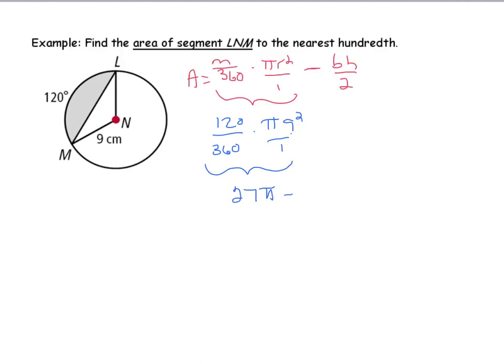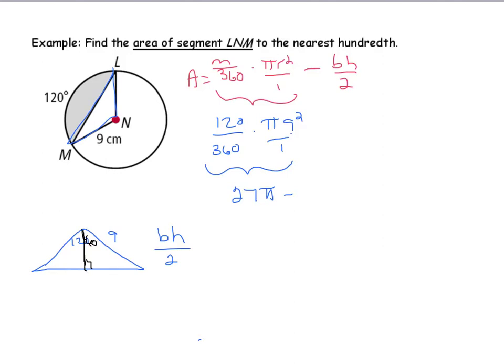All right, this is the triangle right here. I'm going to put it this way just so that it's easier to work with. I know that this is 120 degrees, and I know that this is 9. I need to do base, I need to do height, and I need to divide it by 2. If I put in the height here, I know that this is 60 degrees.